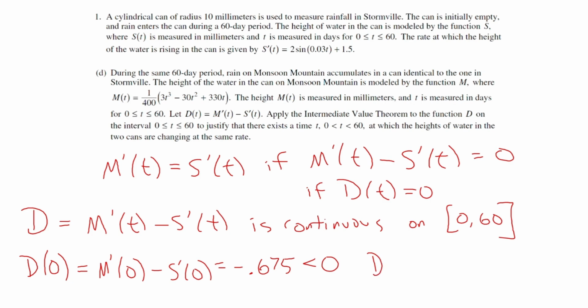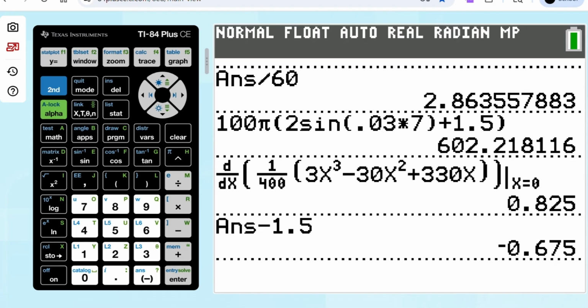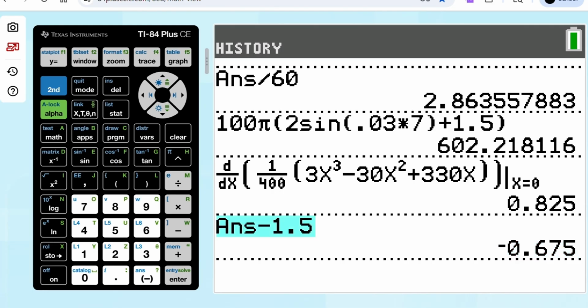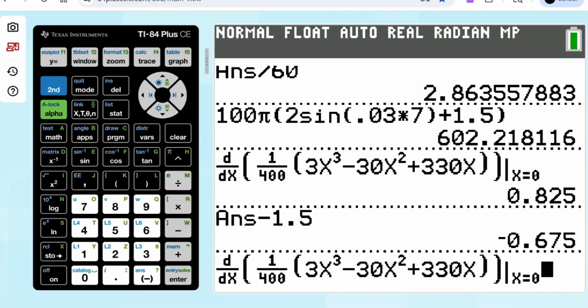And then we can find d of, might as well just check it at the endpoint, d of 60. We'll go back in, and this time, instead of retyping this whole first thing, I'm going to just highlight this and hit enter. And instead of checking for the derivative at x equals 0, we're going to find the derivative of it at x equals 60.